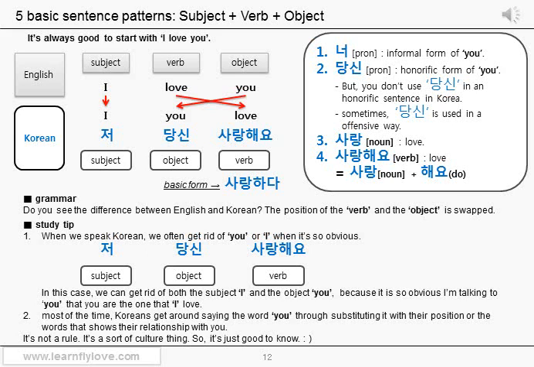Second, when we speak Korean, we often get rid of you or I when it's so obvious. When we say I love you in Korean, we normally don't mention both the subject I and the object you because it is so obvious that I'm talking to you, that you are the one that I love.